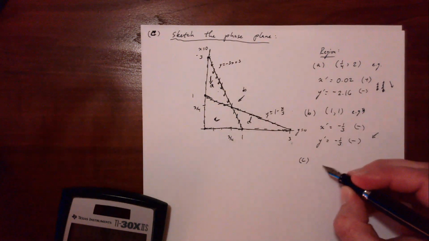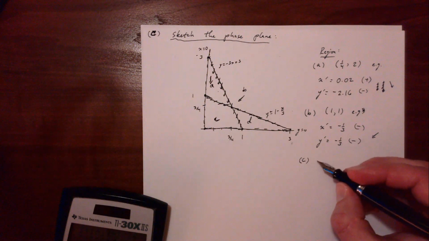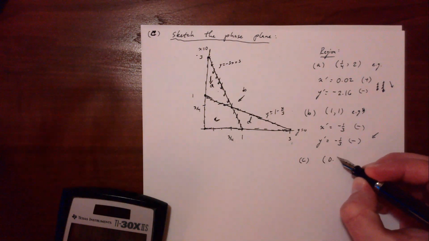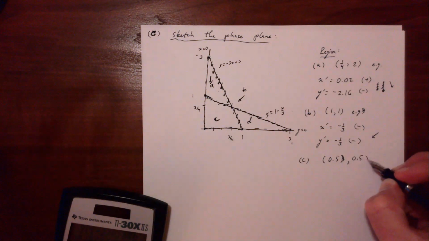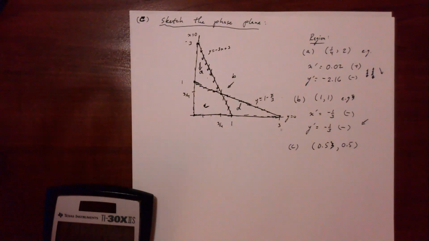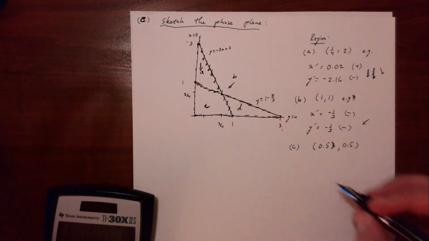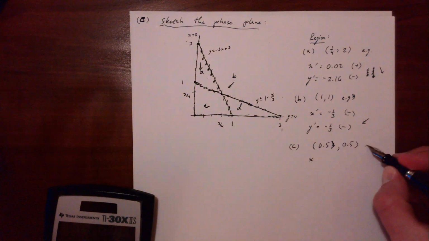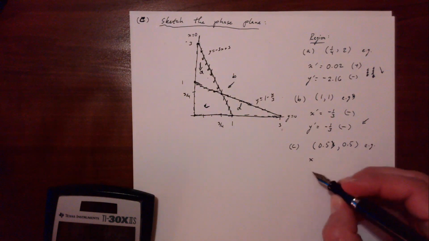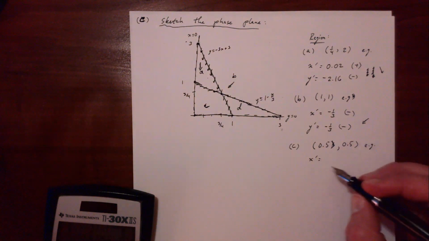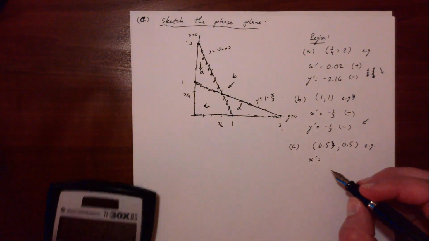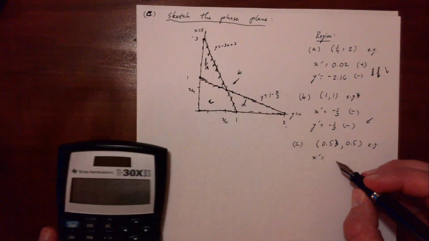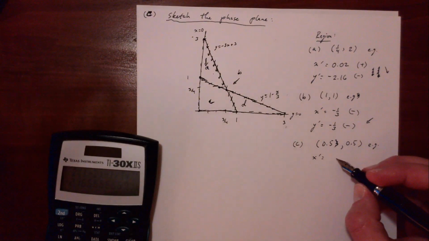Now for C, we could take 0.5, 0.5, just a representative point from C. Then x prime will be 0.5 times 1 minus 0.5, so that's 0.25 minus 1/3 times 0.5 times 0.5.